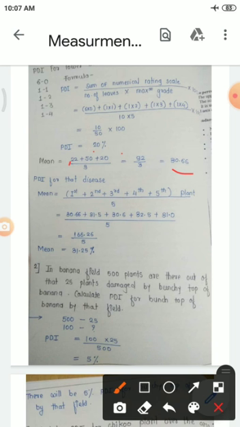Similarly, we have to do this for 5 plants: first, second, third, fourth, fifth. In that way we have to calculate the disease severity for the second, third, fourth and fifth plant on the upper, middle and lower branch.